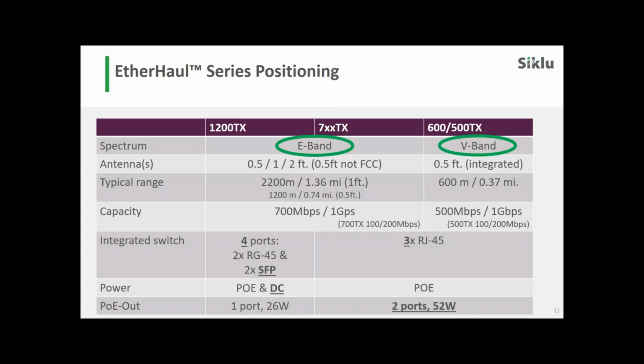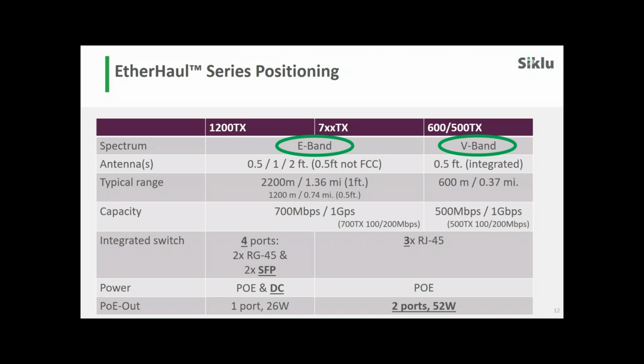So obviously the main difference between all these is E-band versus V-band. In most of the markets, V-band is license exempt. And in most of the markets, E-band is licensed, lightly licensed, maybe heavily licensed, but it's licensed, it's registered. It means that when you deploy radios, or when you register your links, somebody may be aware.